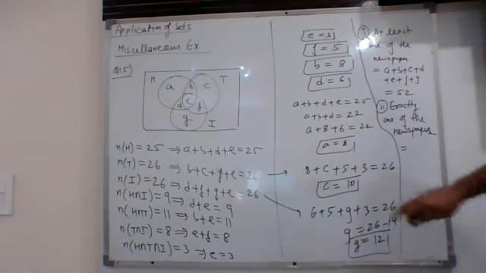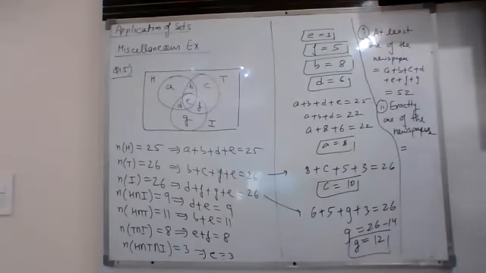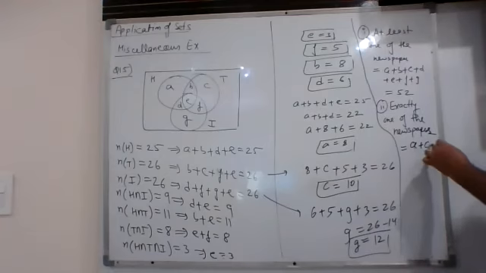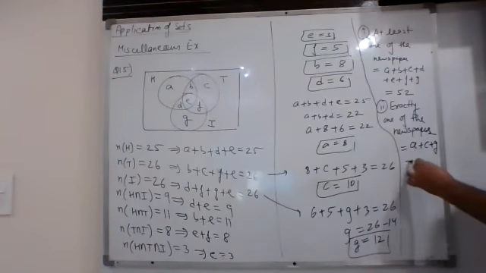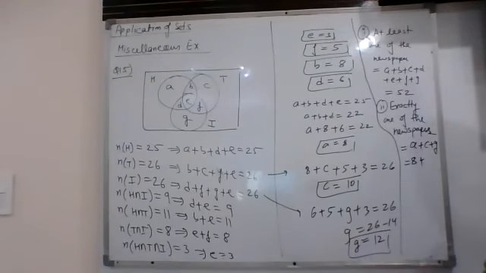Exactly means only H plus only T plus only I. So that is A plus C plus G. Put the values of these: 8 plus C is 10 and G is 12. You can do the calculation. This will be equal to 30. So this is how you will get the answers for these two questions which they are asking.